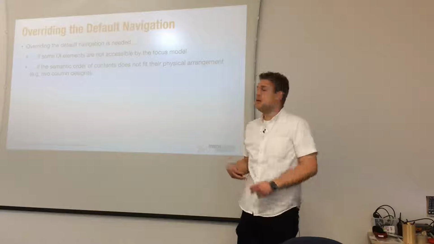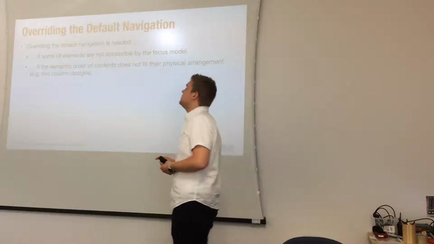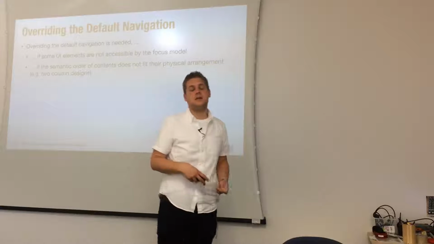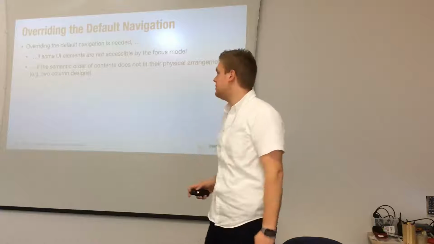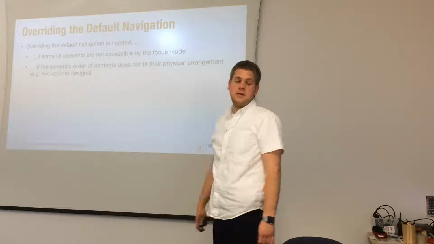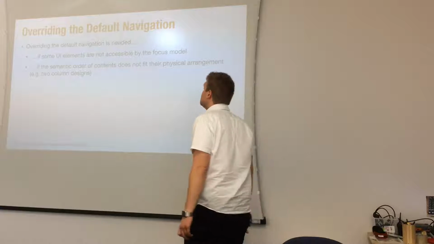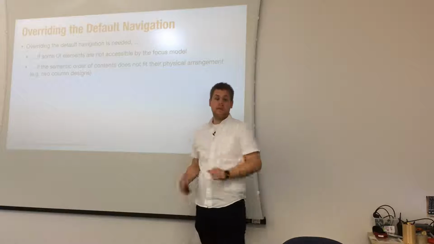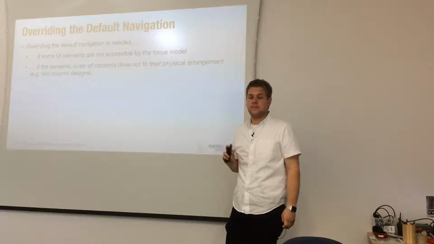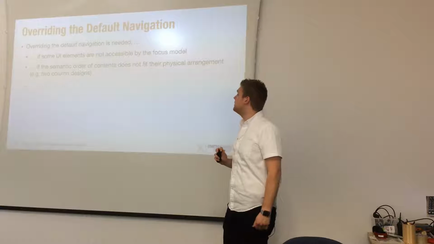And this is implemented in two different ways. Again, there's the imperative approach and the declarative approach. We will see both of them. So we said some UI elements are not accessible by the focus model, and then we have to fix this.